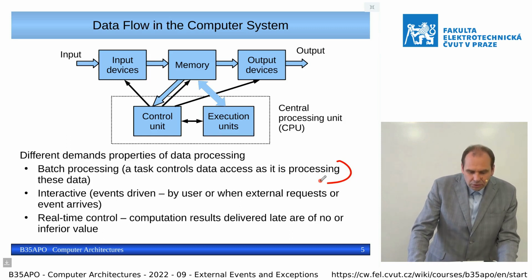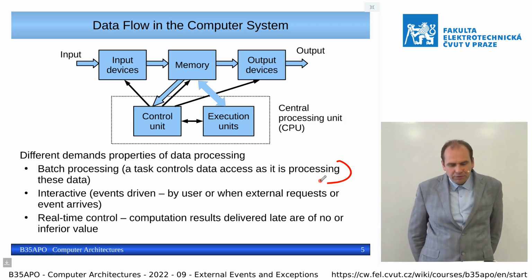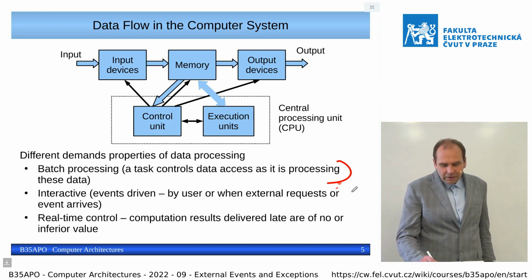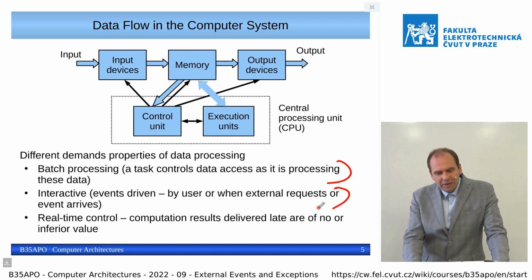But you need to process a large amount of data fast, so it is batch processing. Then you have interactive, when maybe it is not necessary to process so much data, but the system should be responsive, because for example if you move the mouse and it doesn't process the request in a second, then you start to be nervous.